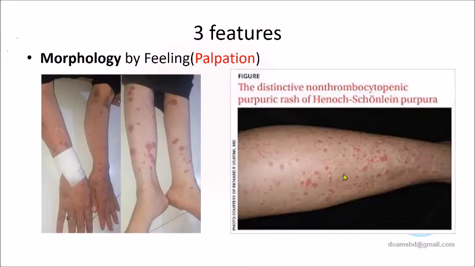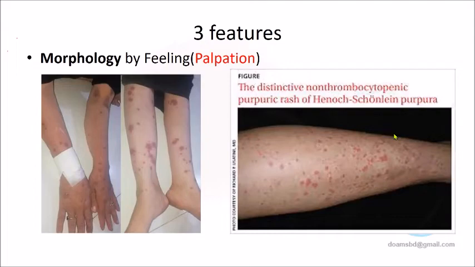You know the mechanism of purpura, defect in the blood vessel or defect in the platelet. Both possible. So if we say this is the bleeding of idiopathic thrombocytopenic purpura, it will not be palpable. But if this purpura is palpable as well as tender also, it could be vascular purpura due to the vasculitis.